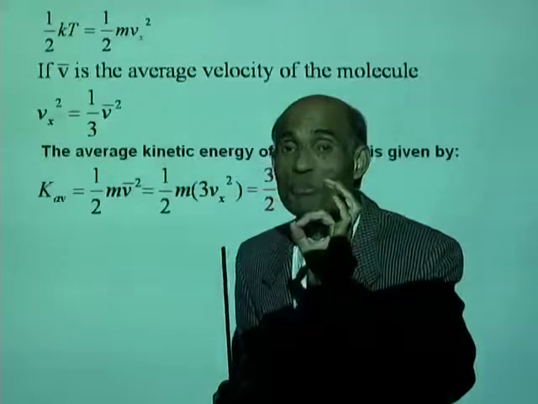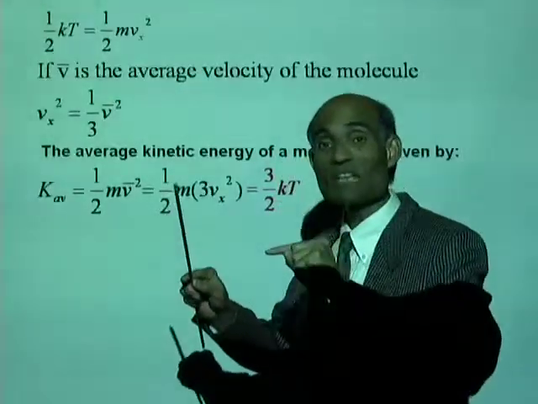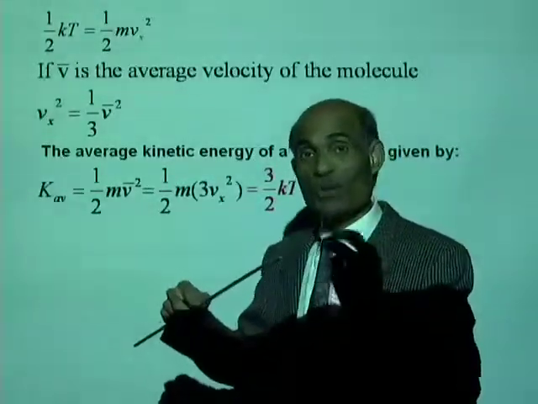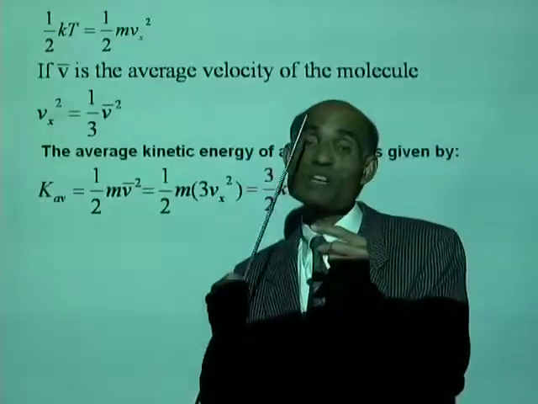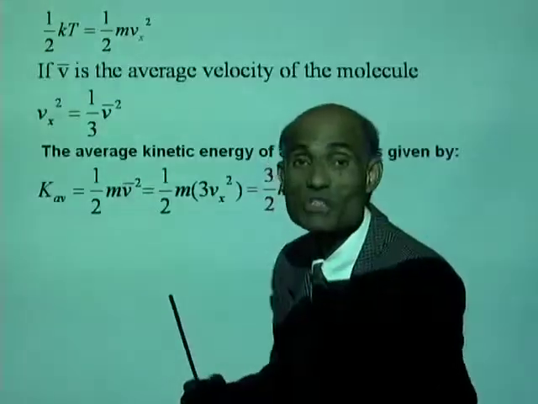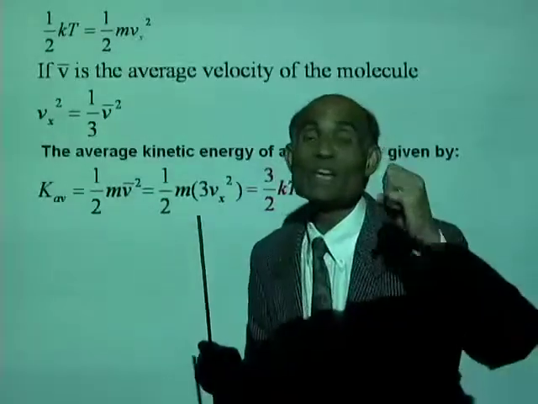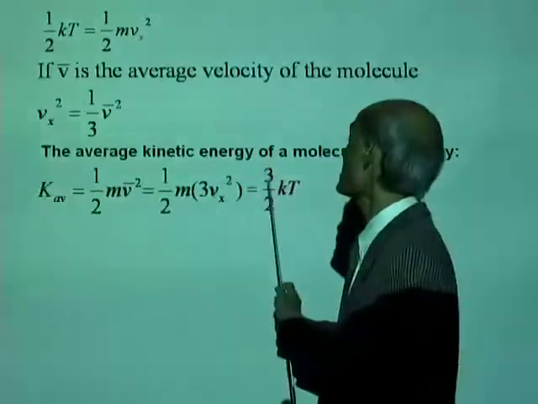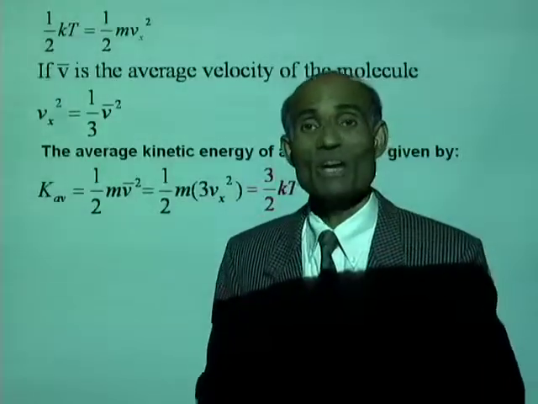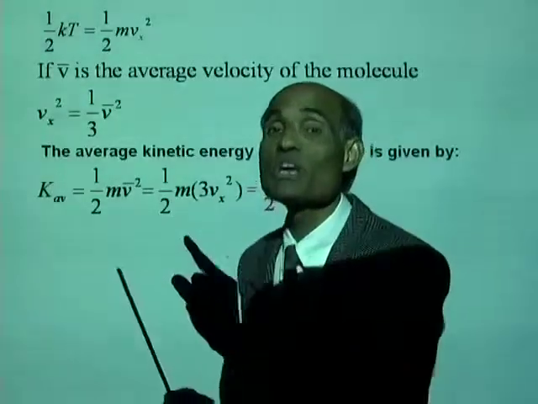The energy of a molecule in the x direction we calculated as 1/2 kT. The energy of the molecule in the y direction is also 1/2 kT. The energy in the z direction is also 1/2 kT. So the total energy of a molecule, the average kinetic energy of a molecule, is 3 times 1/2 kT, 3 over 2 kT. So if I ask you, what is the kinetic energy of a molecule per degree of freedom?